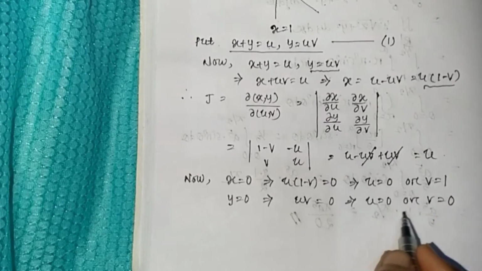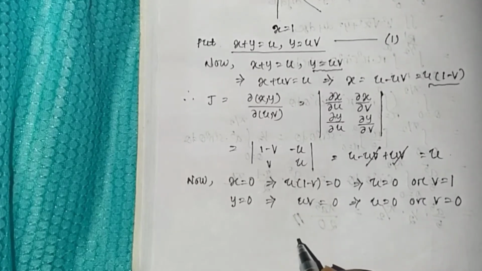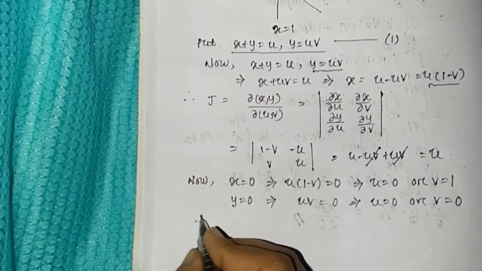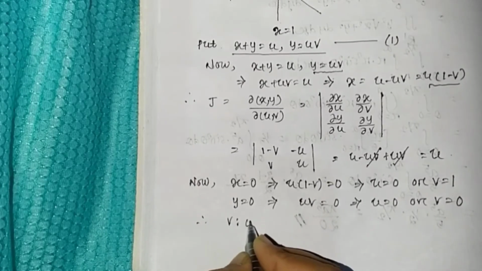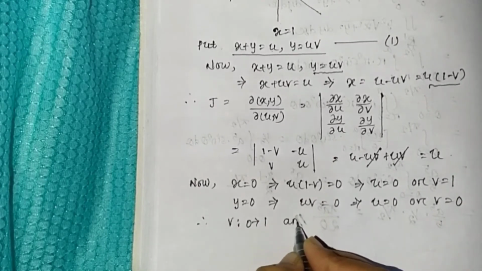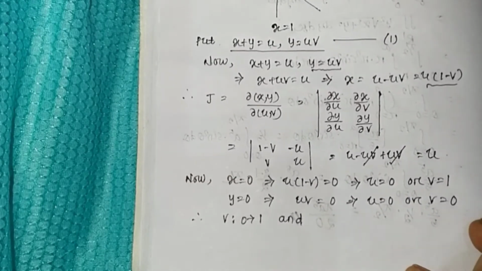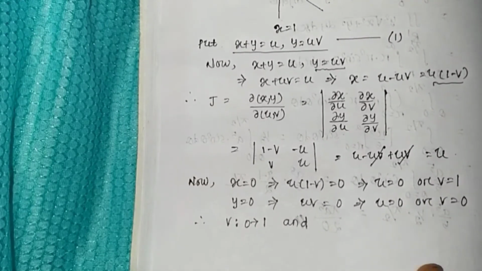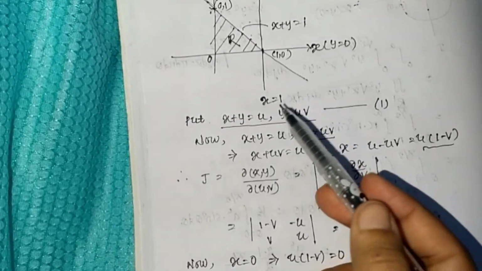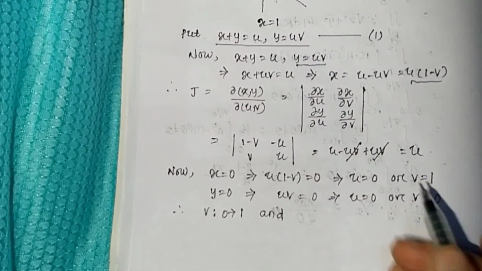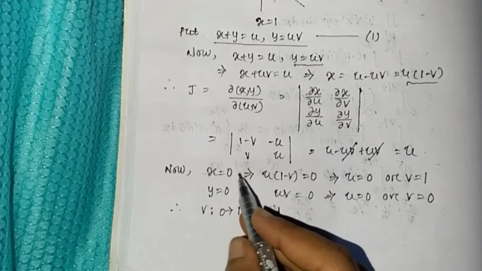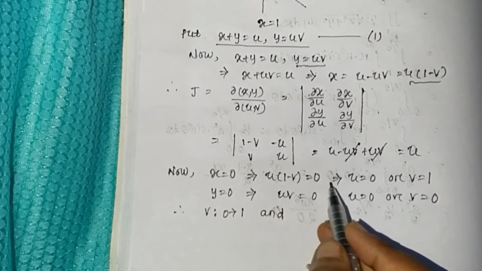So here clearly we see that v is from 0 to 1 and u is also from 0 to 1, because here given that x equal to 1. When we put x equal to 1, u into 1 minus v equal to 1.